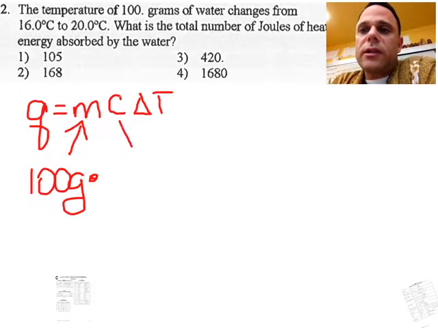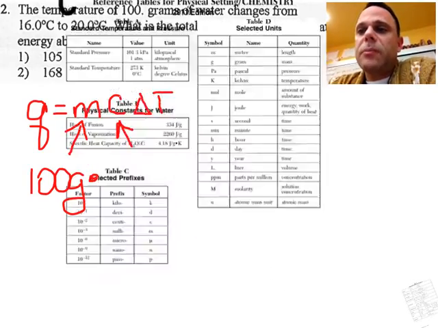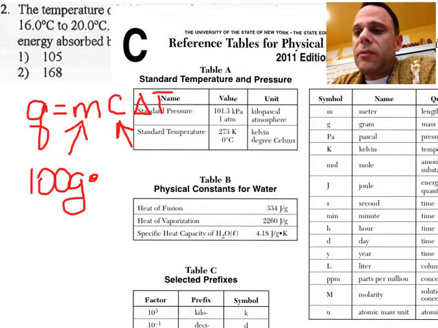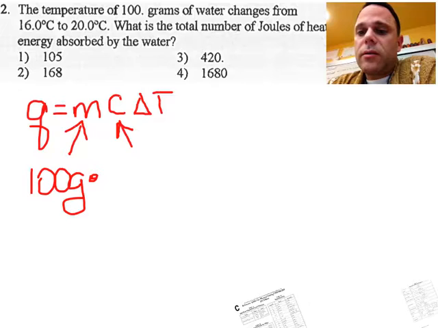Do we know what c is? Yep. c is the specific heat capacity, and it can be found right here. 4.18 joules for every 1 gram changing 1 Kelvin. 4.18 joules per gram Kelvin.